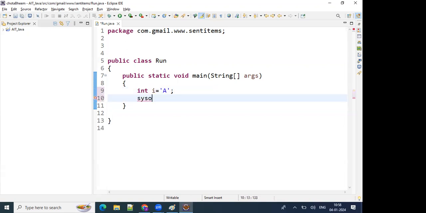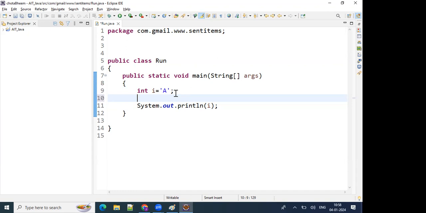What will be the output for this? Capital A. Now tell me, is this narrowing or widening? Conversion is not mandatory. Implicitly happened. This is widening, correct? This is called as widening.